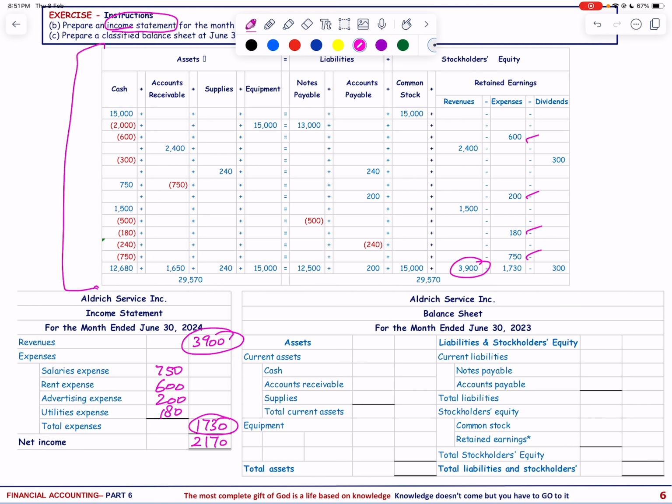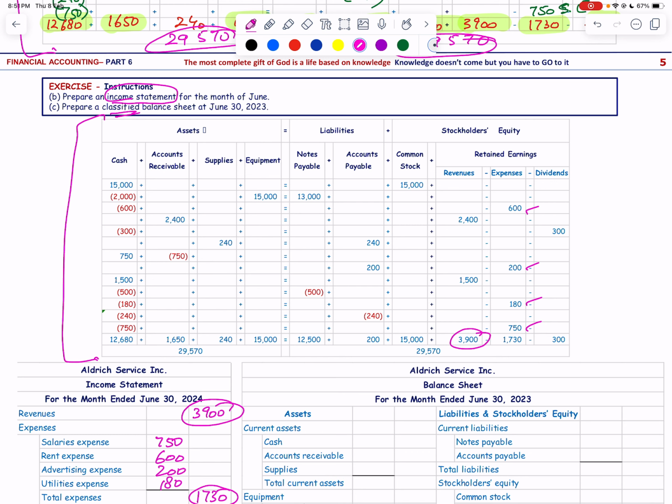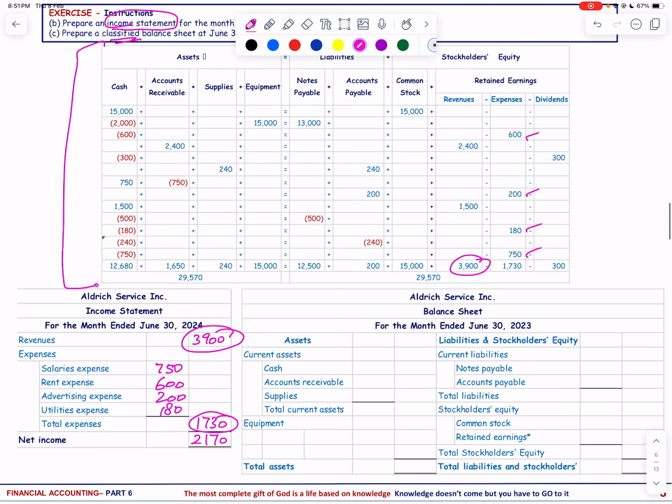Now and then they say prepare a classified balance sheet and for this we are going to prepare the balance sheet. First we record the assets and it is classified, so we have current assets, they are cash 12,680, we have accounts receivable 1650, supplies 240 and the total will be 14,570. Then we have equipment and equipment is 15,000 and the total for the assets is 29,570.